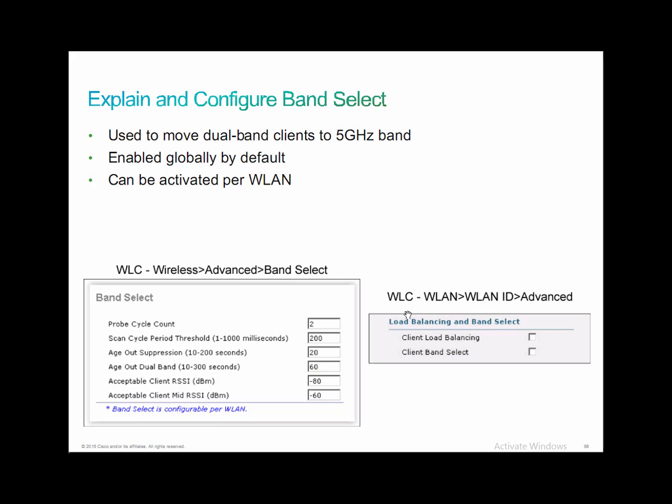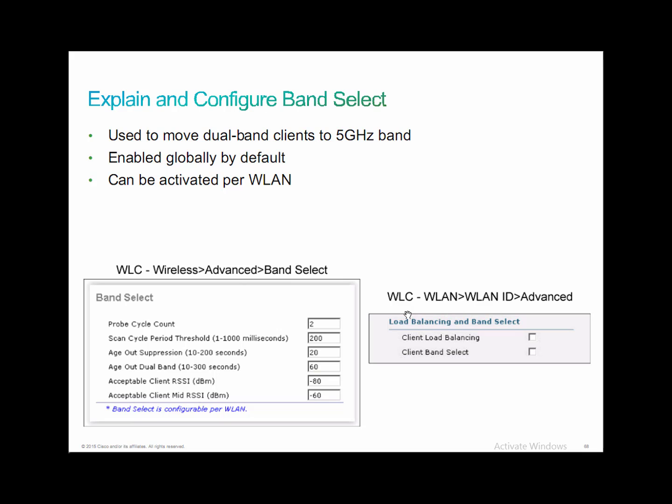It only runs on the access point when both the radios are up and running. So I can't direct a client to, say, a different access point that has the 5 gigahertz radio running just because I may not be running that 5 gigahertz radio. So it's not possible to enable or disable band selection and client load balancing globally on the controller, but you can enable or disable band selection and client load balancing for a particular wireless LAN.